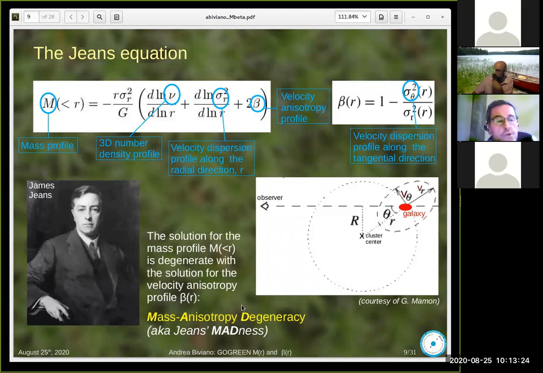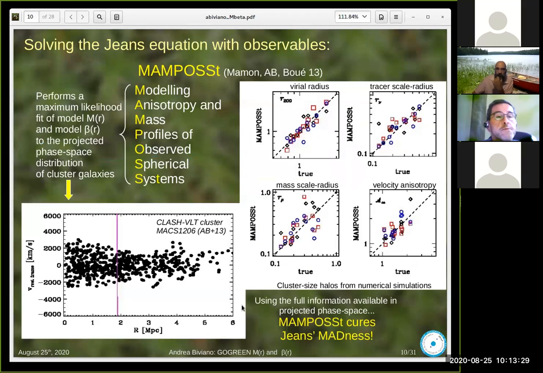So if you want to cure the Jeans madness, you have to do something clever. We think we did this in 2013 with Gary Mamon and his student Bouet.